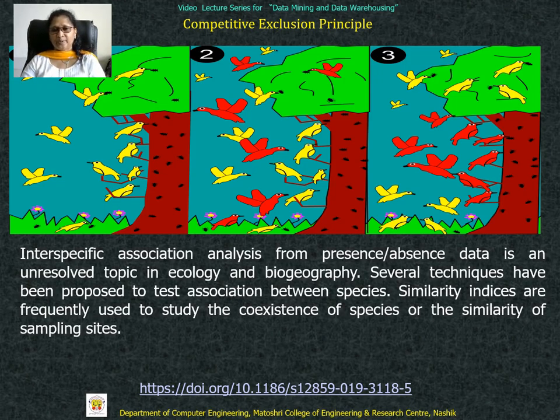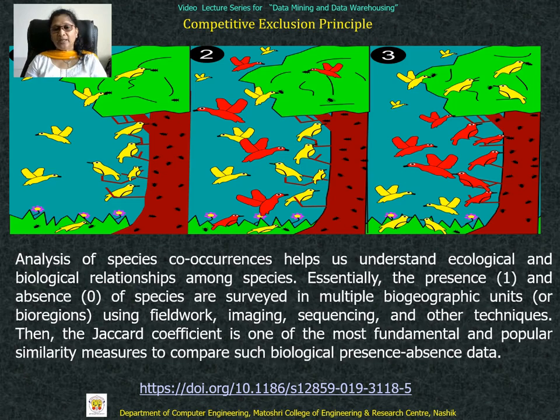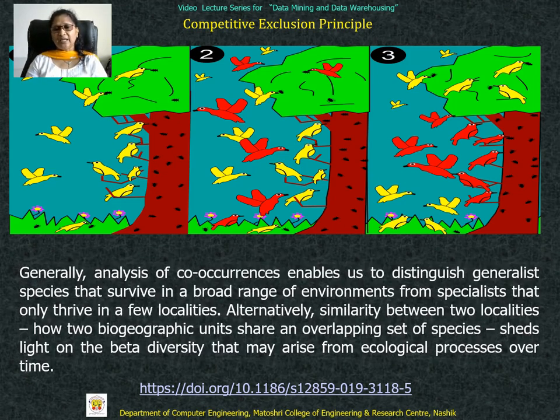data mining. When reading the related literature, I came to know that similarity indices are frequently used to study coexistence of species or similarity of sampling sites. I also read that analysis of co-occurrences enables us to distinguish generalist species that survive in a broad range of environments from specialists that only thrive in a few localities.